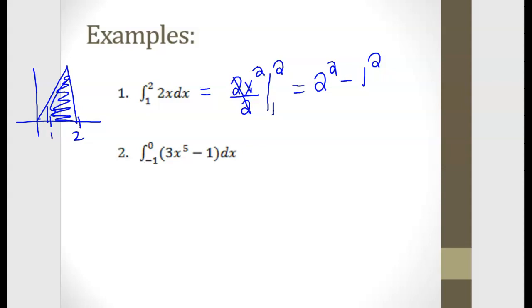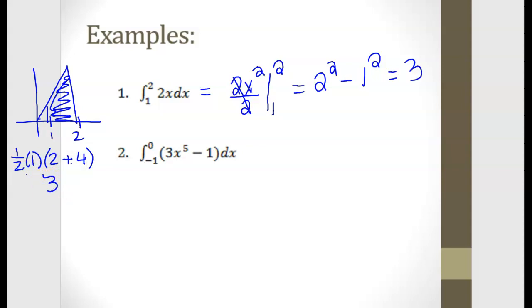So I get 4 minus 1, which is 3. And again, if I was doing this with geometry, it would have been 1/2 times 1 times 2 plus 4, which is 6, divided by 2, which is 3.